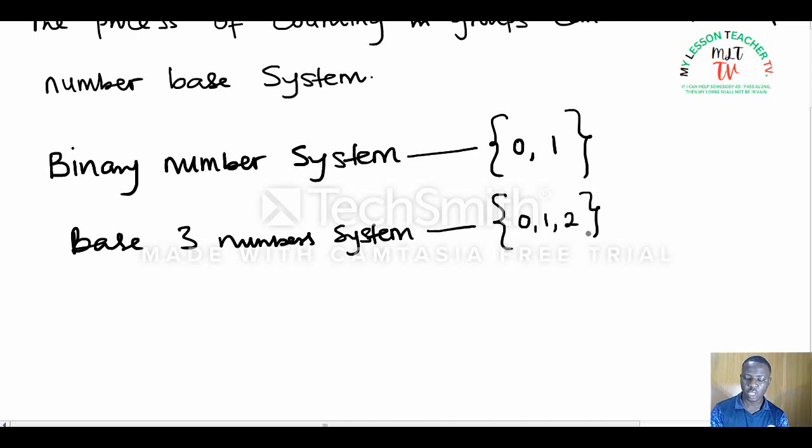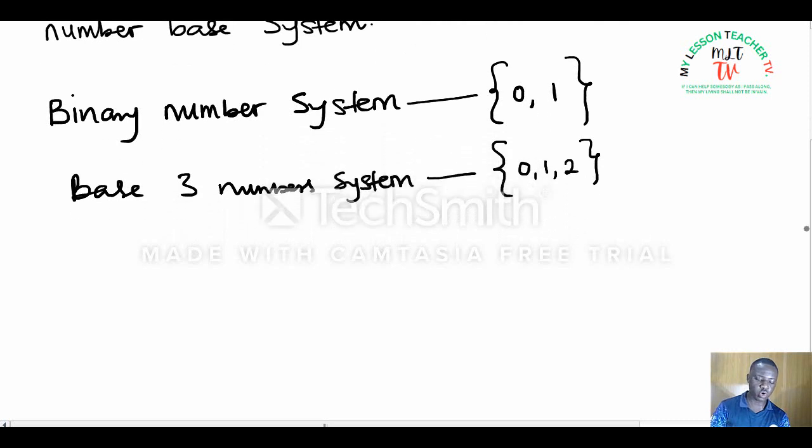Also, we have the base 4 number system, which is made up of 4 digits. You can only find zeros, ones, 2s, and 3s in a base 4 number system.